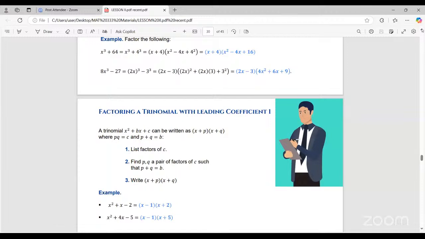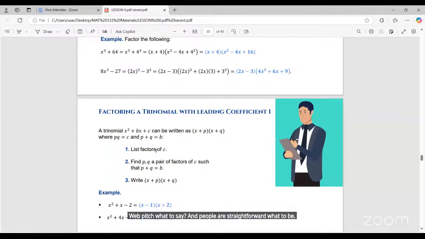Okay. So we have factoring a trinomial with leading coefficient 1. A trinomial x squared plus bx plus c can be written as (x plus p)(x plus q), where pq equals c and p plus q equals b.